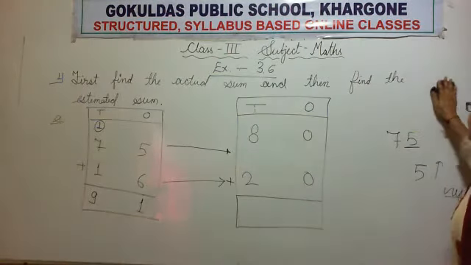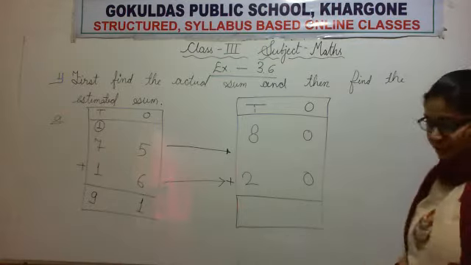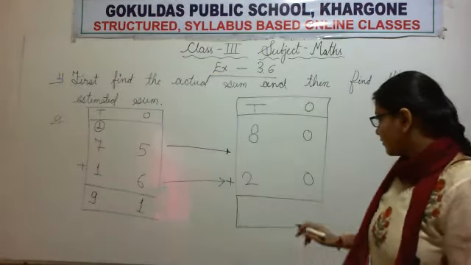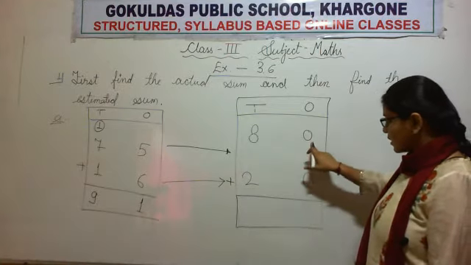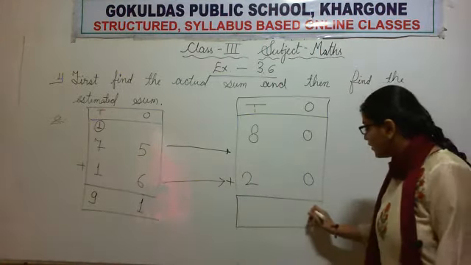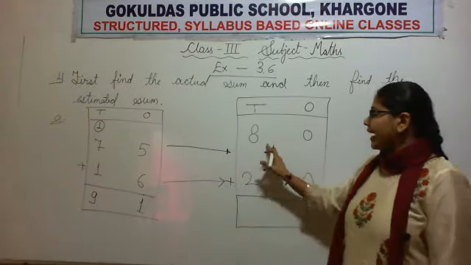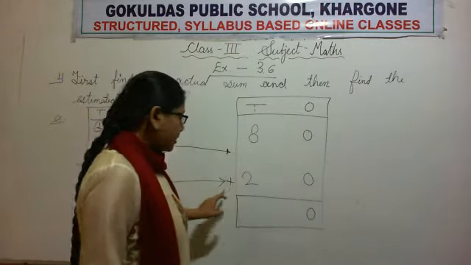So students, now let's find the estimated sum. 0 plus 0 is very good, 0. Now 8 plus 2.